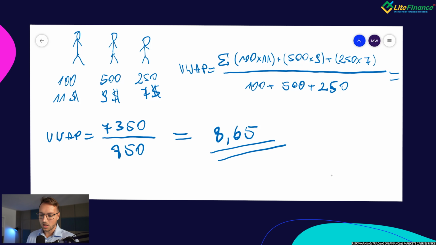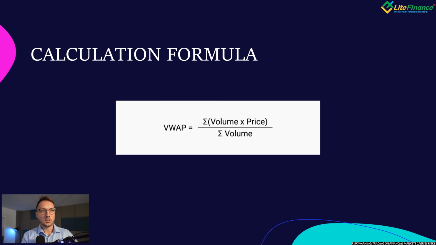That would be our VWAP for these transactions. Therefore, it would suggest that, for example, this person paid too much, but this one paid a relatively good price. And yeah, now let's switch back to our presentation.